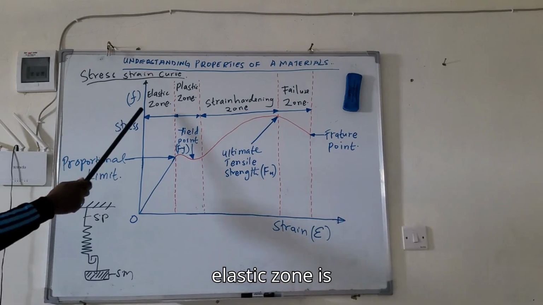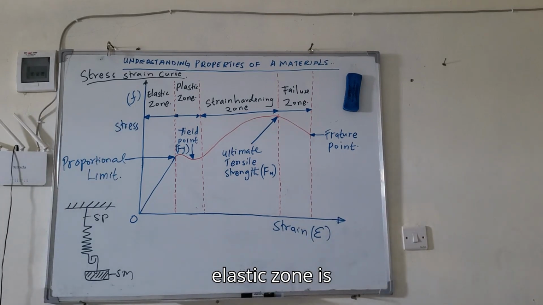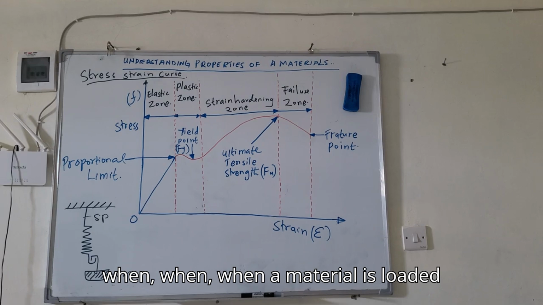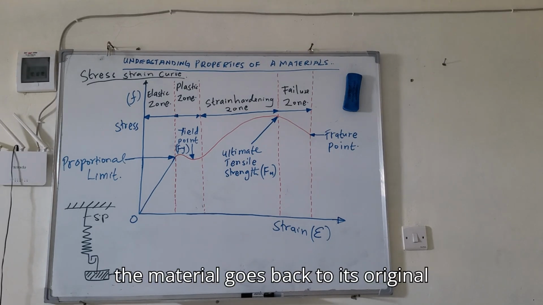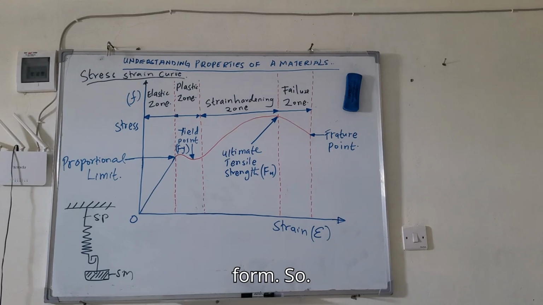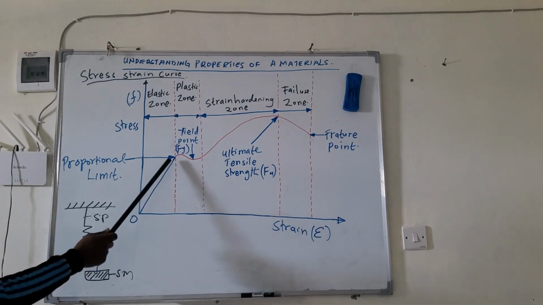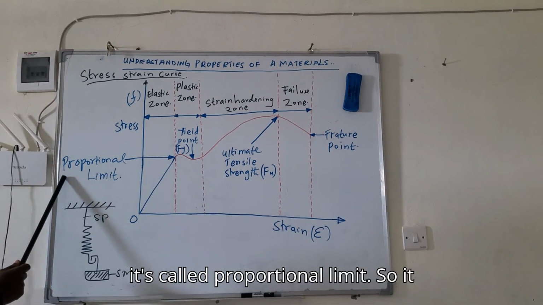So this elastic zone is when a material is loaded, and after removing the loading, the material goes back to its original form. So at this point, it's called proportional limit.